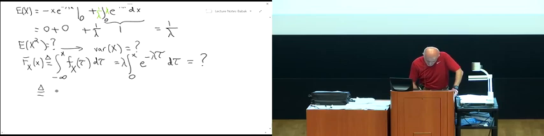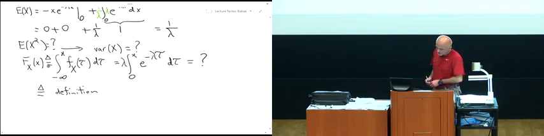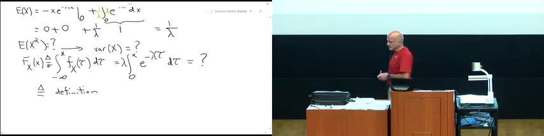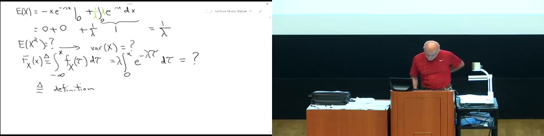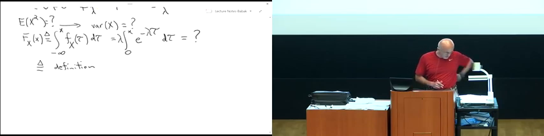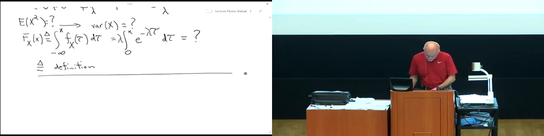This equality with the triangle sign means definition. So by definition, the cumulative distribution function is what's given on the right-hand side. Okay. So that's that.